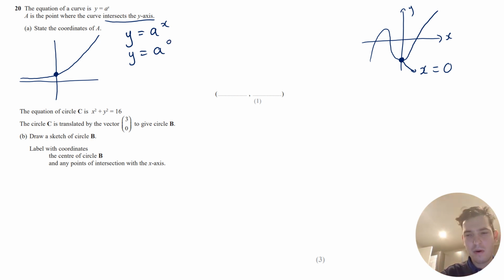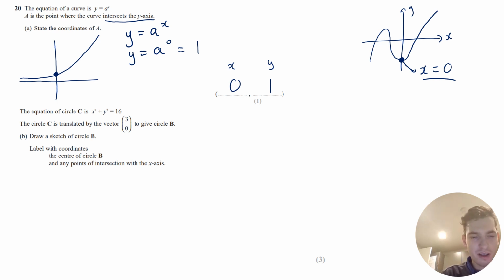Now, anything to the power of 0 is always equal to 1. We learned that when we did indices. So if x is 0 and y is 1, then my answer is 0 and 1. Bit of a weird one for 1 mark, but intersects the y-axis was your big clue there.